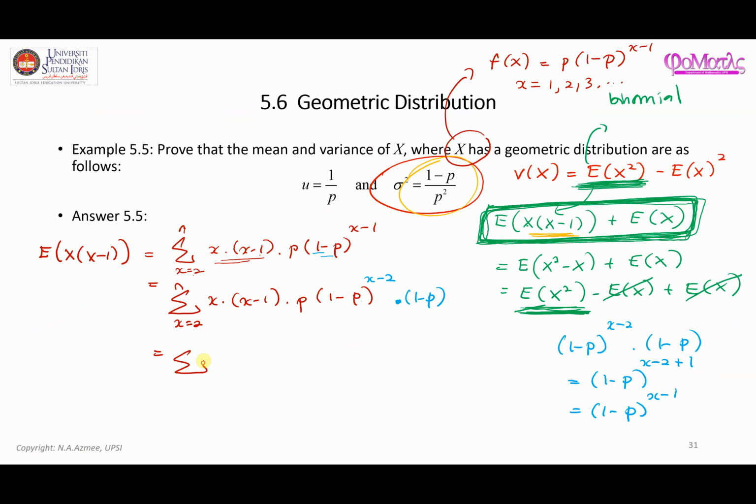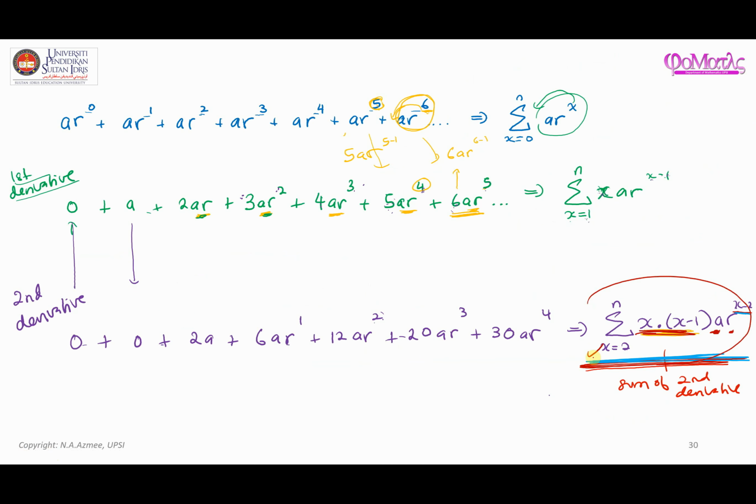We're going to have n x equals 2 x minus 1. Now I'm going to consider p and 1 minus p together, very closely together, put it right next to each other, and then we're going to have 1 minus p to the power x minus 2. I'm just rearranging the position of this expression, and I hope now you can see that it looks similar to what we have right here.